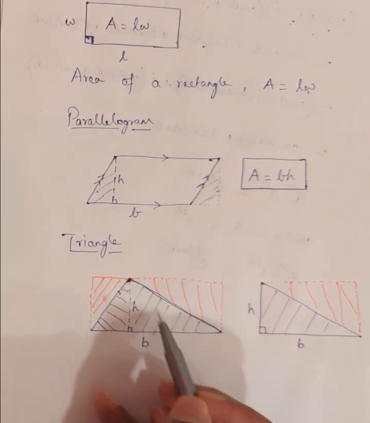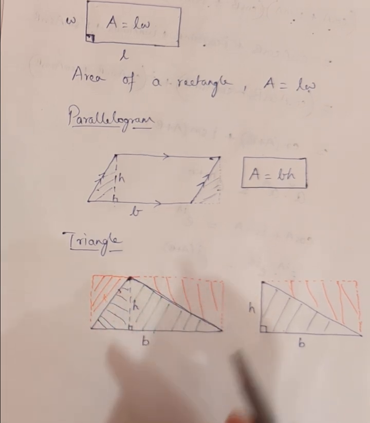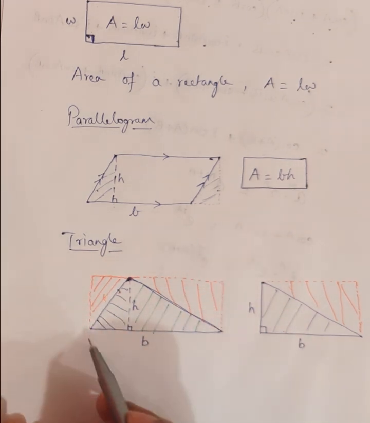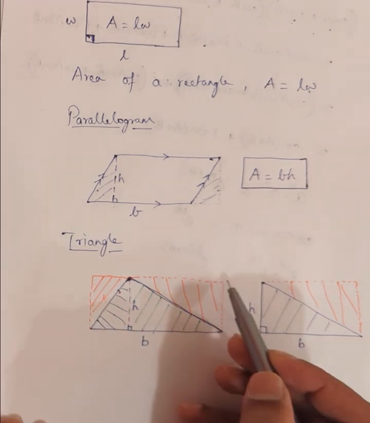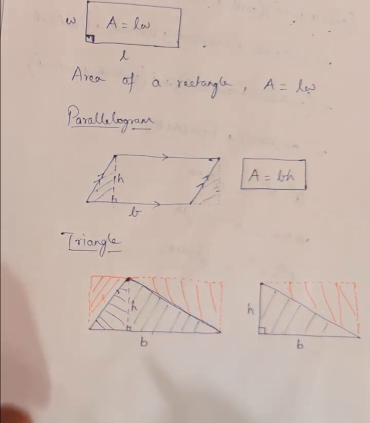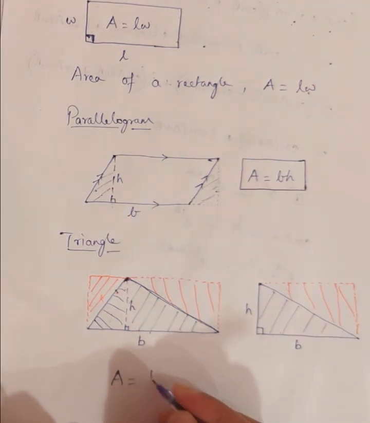So whatever is inside the triangle, you have the same area outside the triangle. And the rectangle that you have drawn has dimensions B and H. This is also H because this is H. So area of the triangle here also is going to be half times base times height.